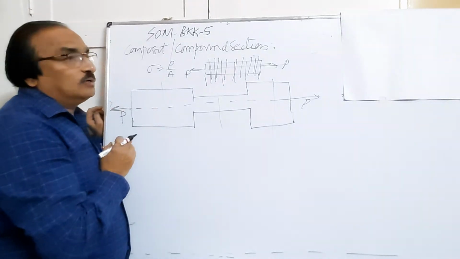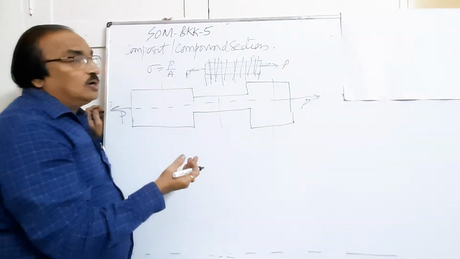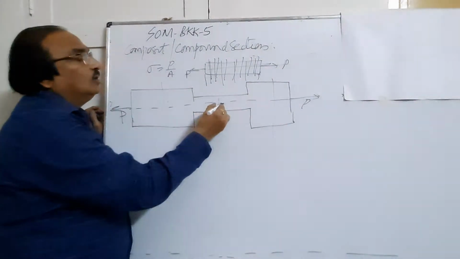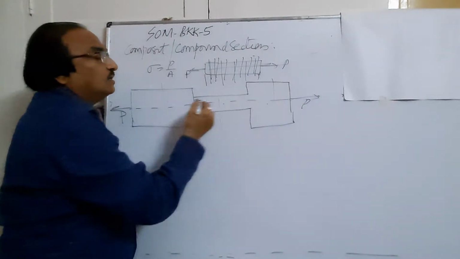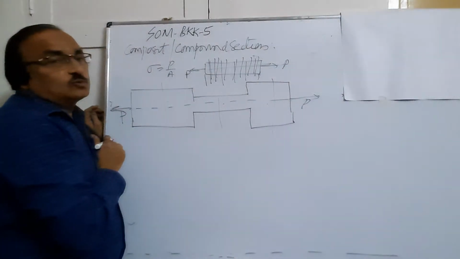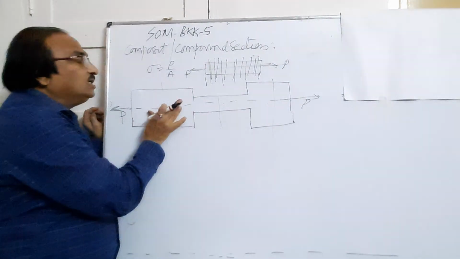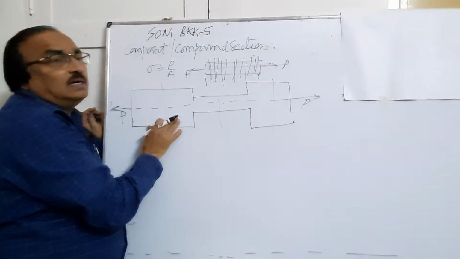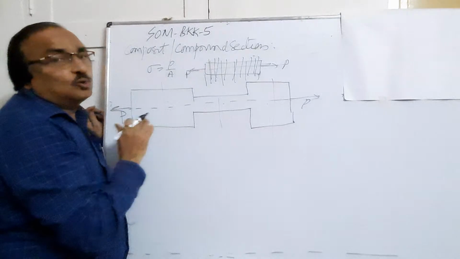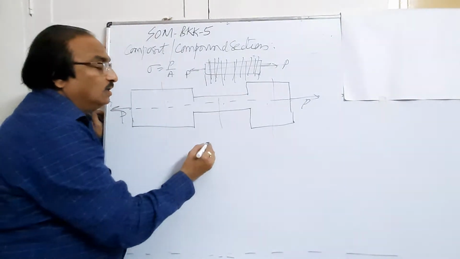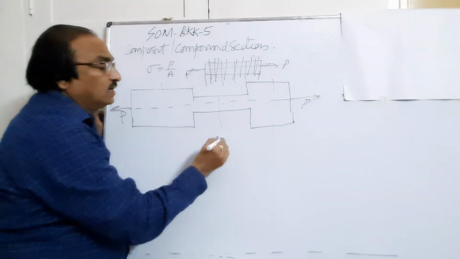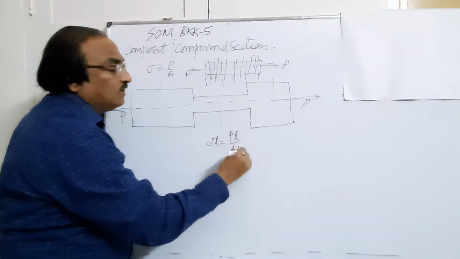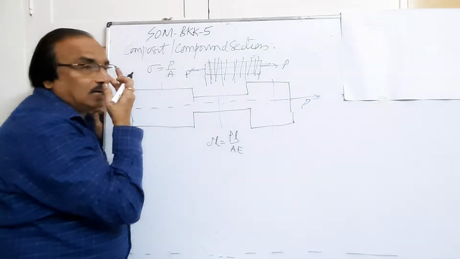So in such problems you are required to find out what will be the total elongation of the portion 1, 2 and 3 if it is subjected to load. So here we will be considering each portion separately, drawing its free body diagram and try to find out the total elongation. And we know the deflection of a member due to an axial load is given by PL by AE. So we are using this formula in analyzing such problem.